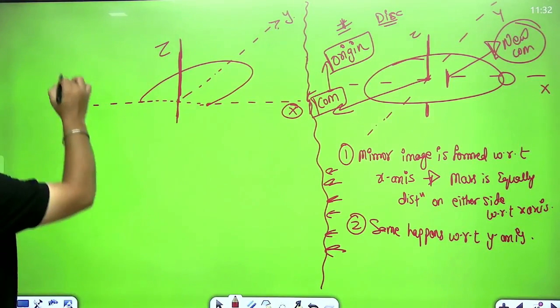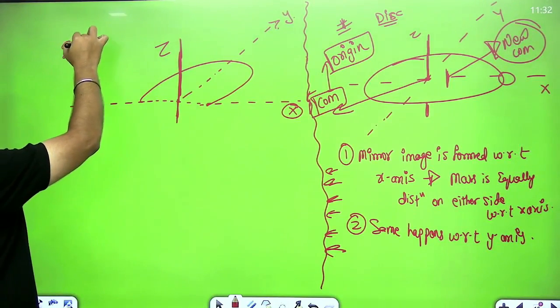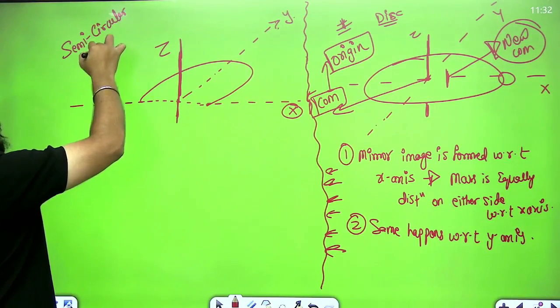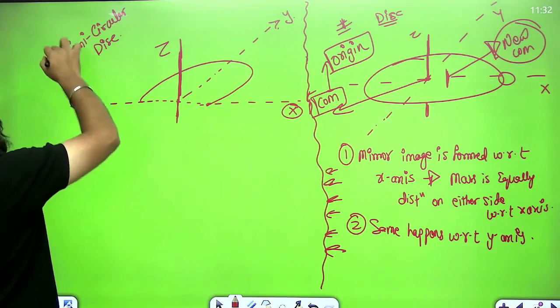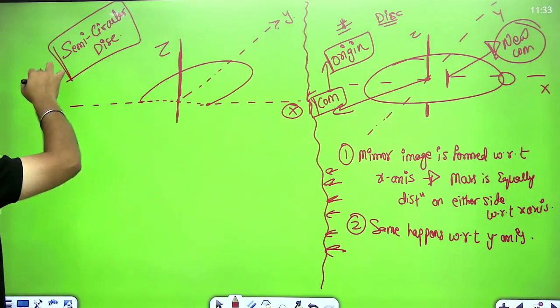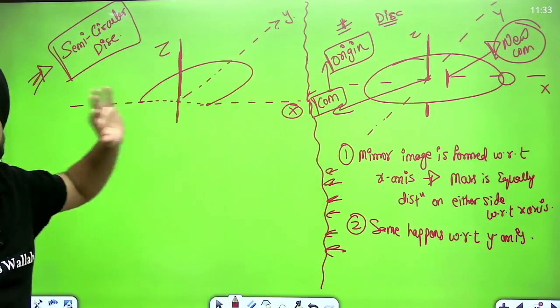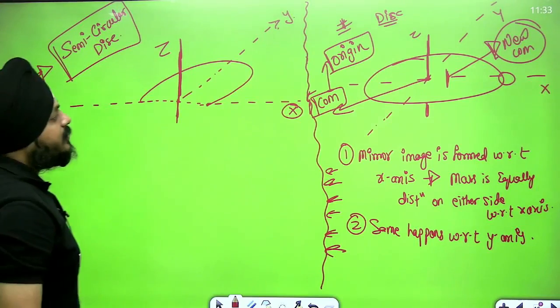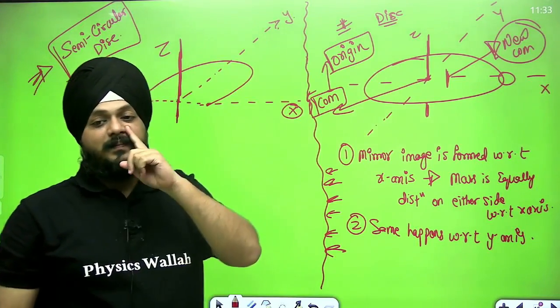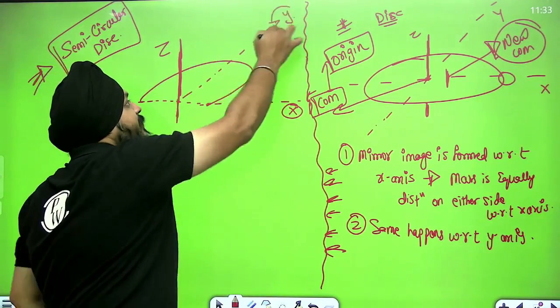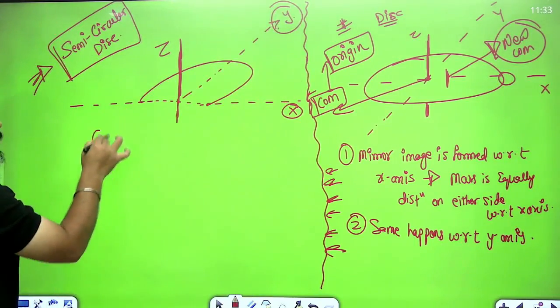I am talking about the semicircular disc. Half of the disc is cut. Now what happens here? With respect to the y-axis, a mirror image is formed. First point.